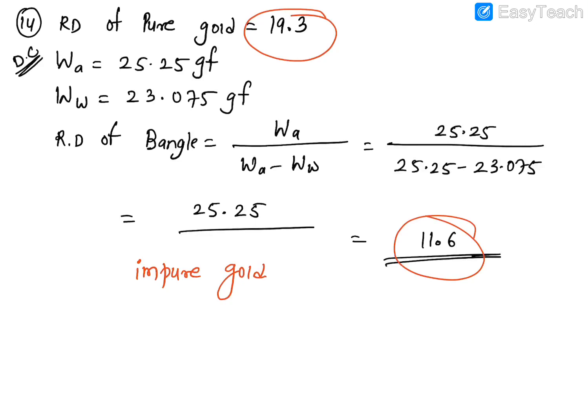Then guys, now next problem, we'll do problem number 16. In the 16th problem, it's given that a piece of stone of mass 15.1 gram. So the mass of stone is 15.1 gram.